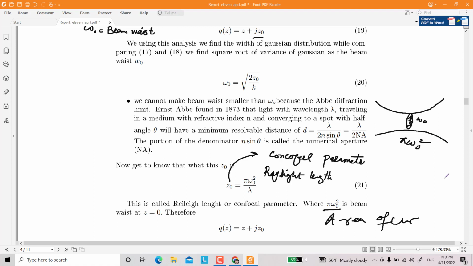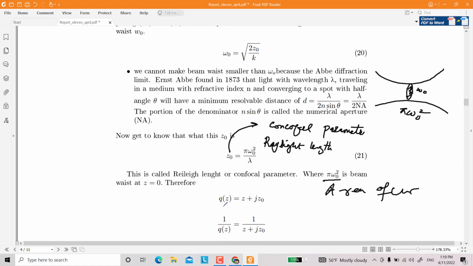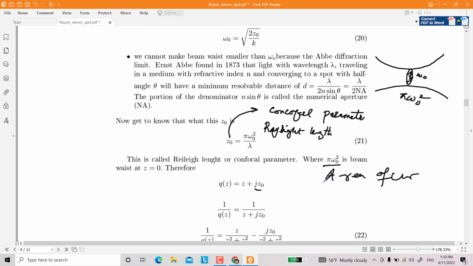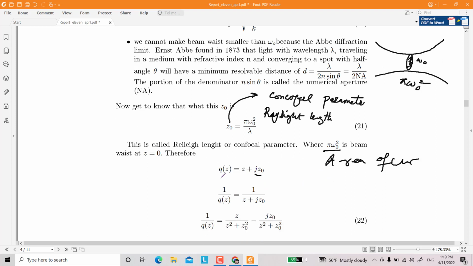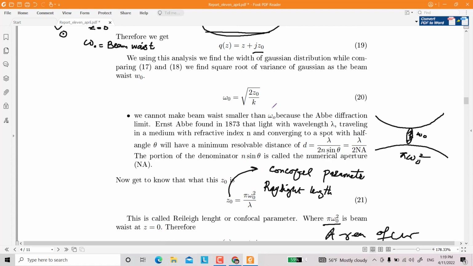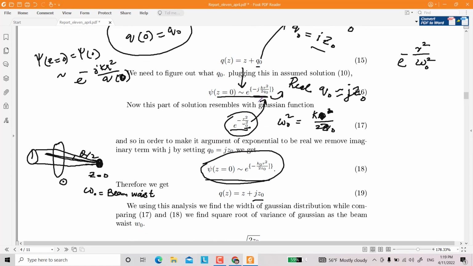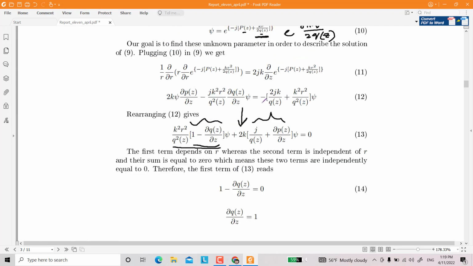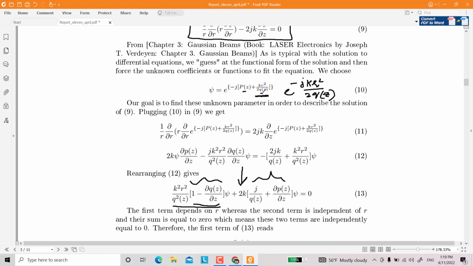Now we were in the quest for finding Q, and we have understood what this Z naught is. Now we realize that Q of Z is not just a real number, it is a complex number. The Q of Z term in this equation, which is the assumed solution, appears in the denominator.